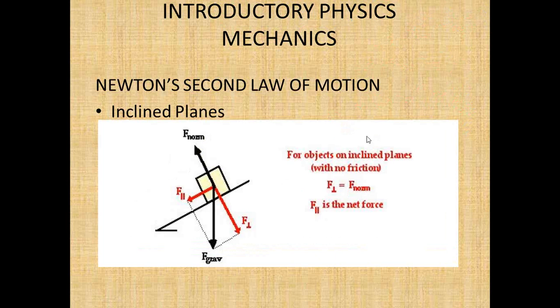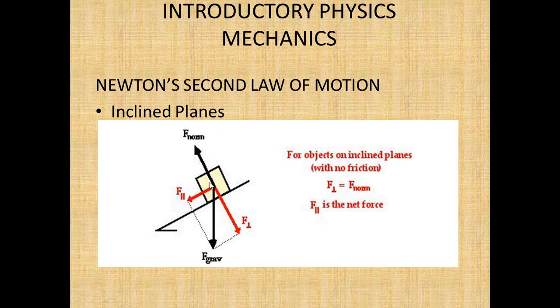All right, so this is what we just drew. So again, force due to gravity is always straight down. But when you have an object on an inclined surface, there's always a force pulling the object downward.